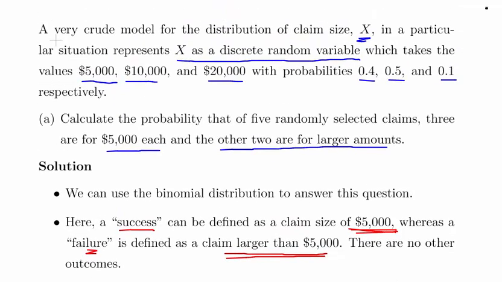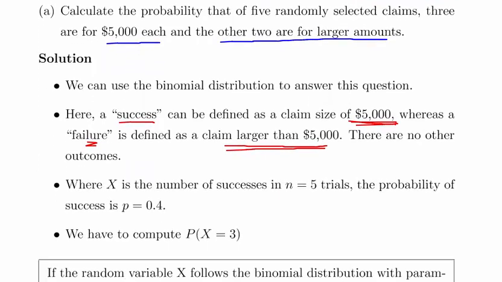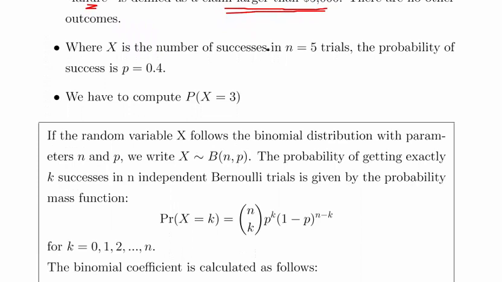Let's double check that. We have 5,000, that's one category, and 10,000 and 20,000, that's the other category. Over here we have the probabilities, so it's 0.4 and 0.6 respectively: 0.4 of being 5,000 and 0.6 of being not 5,000, or in other words, larger than 5,000. Now, let X be the number of successes in n trials.